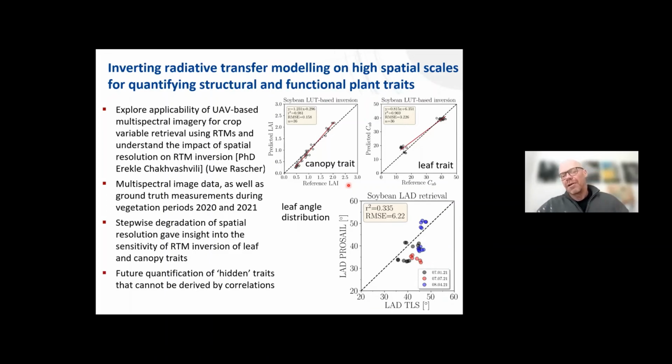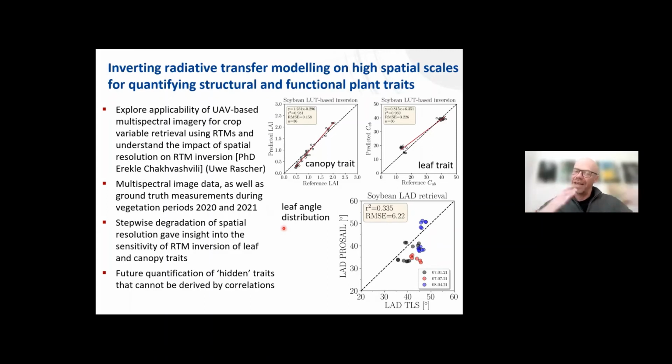The rationale behind that is, if you have a really physically-based radiative transfer model, which you can assume is correct, then you can also retrieve and invert traits which are not visible with the classical empirical methods, like, for example, leaf angle distribution, which is an interplay between function and structure.